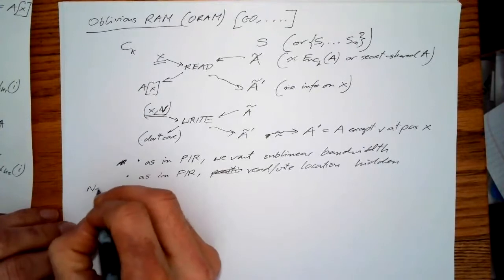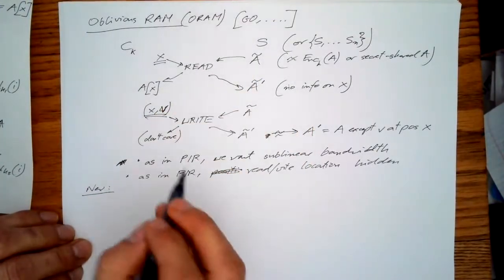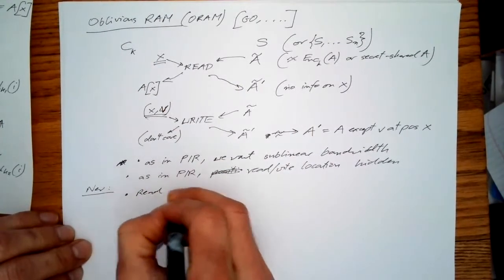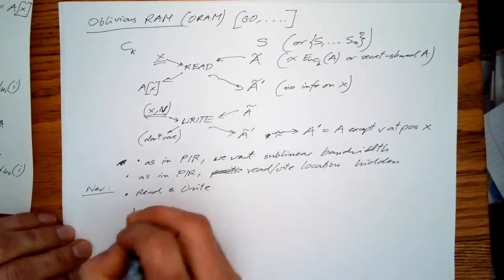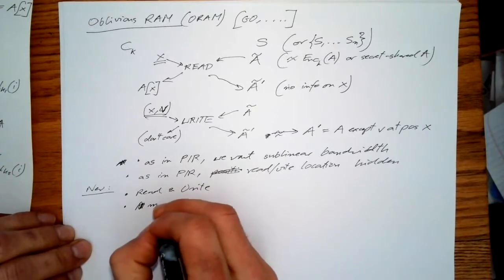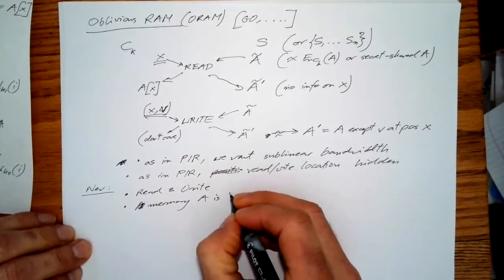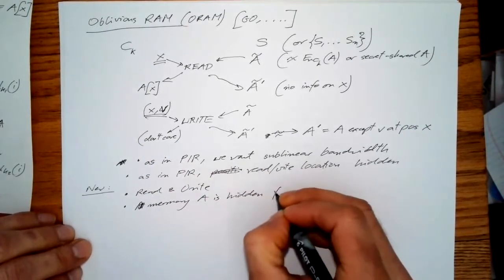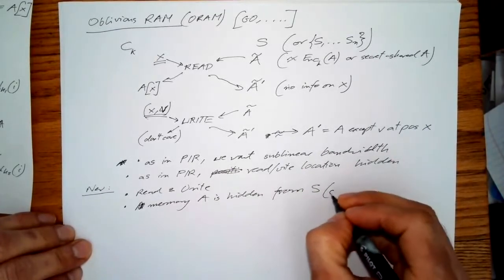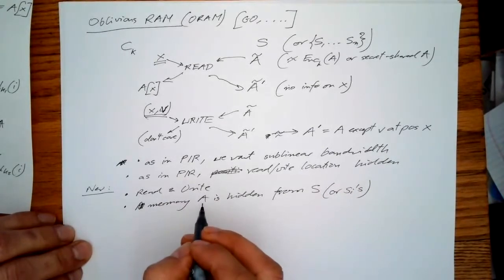But what's new here is, of course, the fact that you can do both read and write. But also the memory A is hidden from the server or the servers. And this is not a PIR thing.